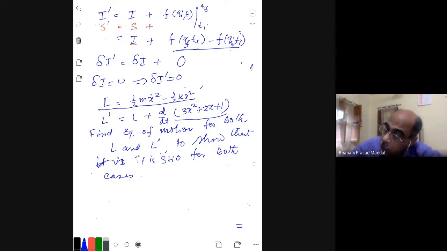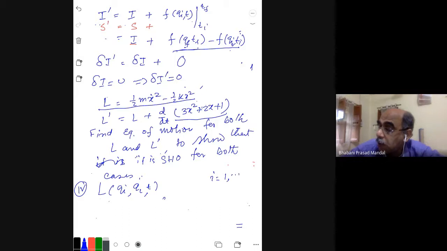Okay, now let us go to property 4. Suppose I have a Lagrangian L of q i, q i dot and t, where i goes from 1 to s degrees of freedom. So the Lagrangian is a function of s number of generalized coordinates, s number of generalized velocities and t.